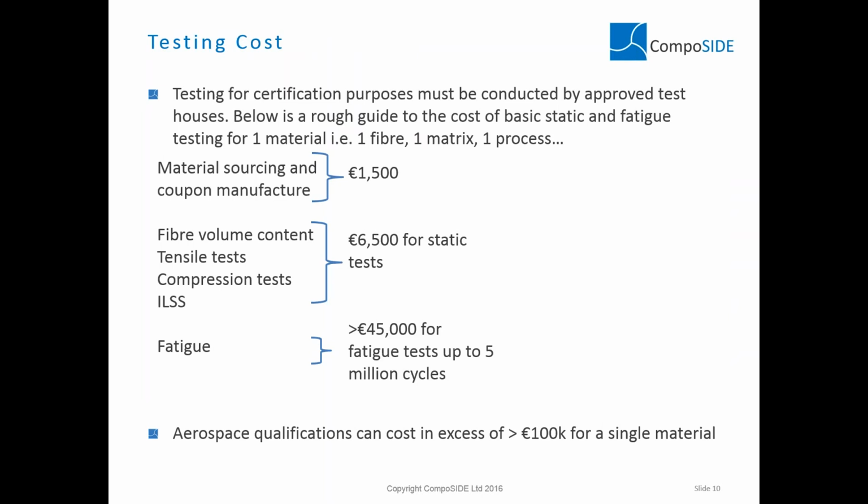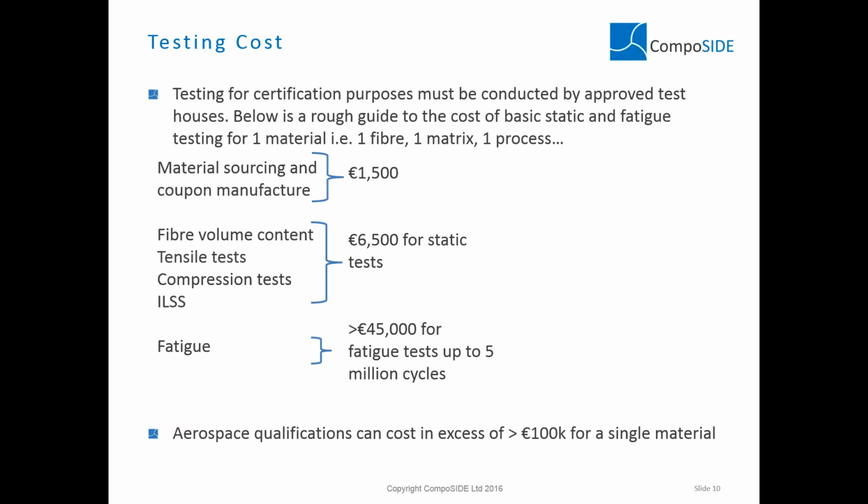very common starting point, but as you can see on this slide, there are a number of costs, and it's generally a high cost associated with it. Here we present an overview of the costs of characterizing one material. You need to source your materials and make your coupons, which is going to cost you around €1,500. Then do a set of testing to characterize the material statistically, which is another around €6,500.